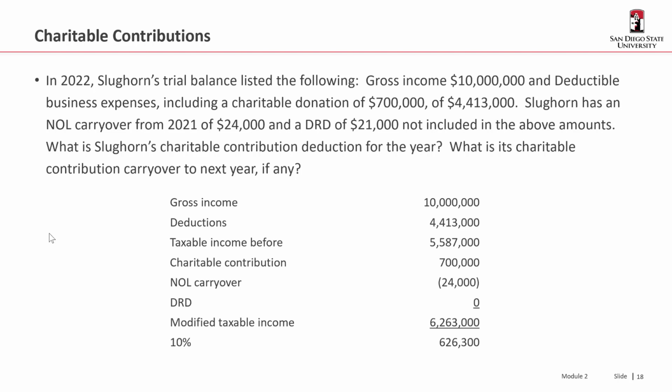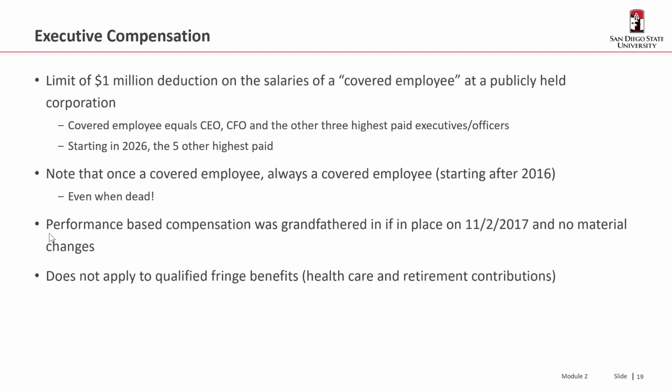Instead, we really just need to calculate modified taxable income. So the gross income is in there. The deductions are in there. We get the taxable income before any adjustments. Then we would adjust it for the charitable contribution. We would adjust it for the NOL carryover. We get to the exact same place. So you can see these questions. It doesn't matter which direction you come at it from, but you do have to pick the right direction depending on the info that you are given.